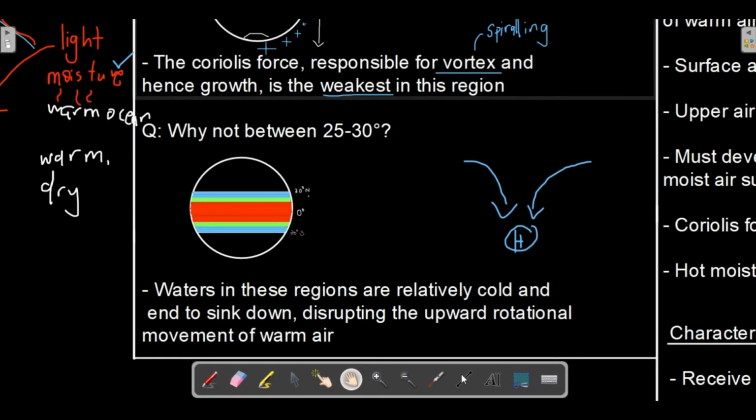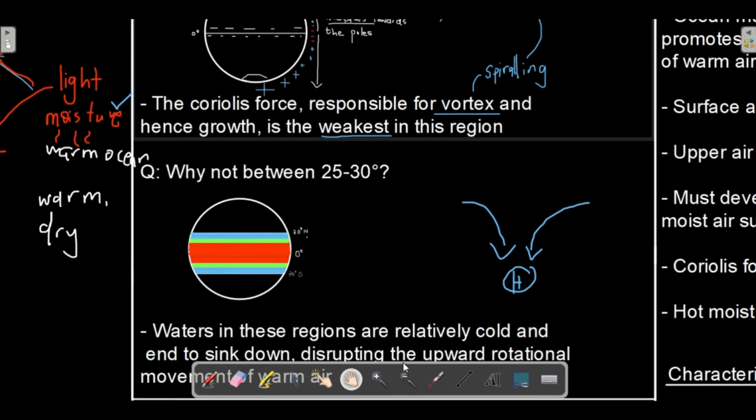So this disrupts the rotational movement of warm air, because instead of rising up, it sinks down, and instead of decreasing the pressure, it increases the pressure. That's why tropical cyclones cannot develop in these regions, because they do not have that supply of warm, moist air needed for the tropical cyclone to further develop.